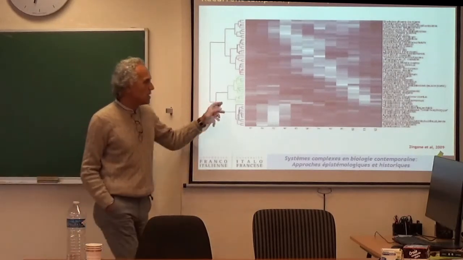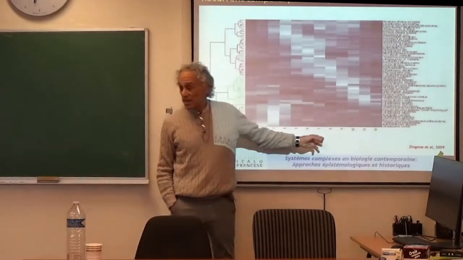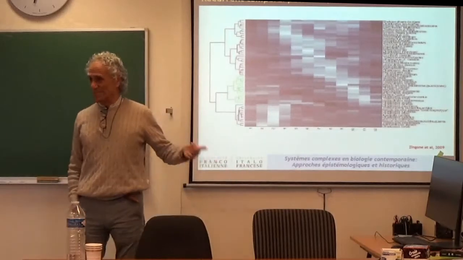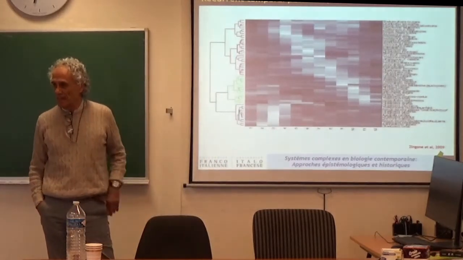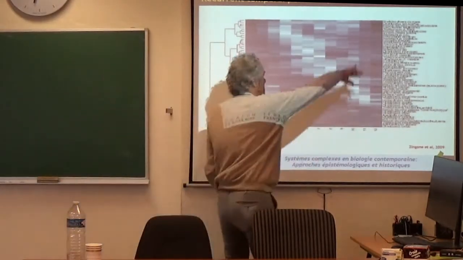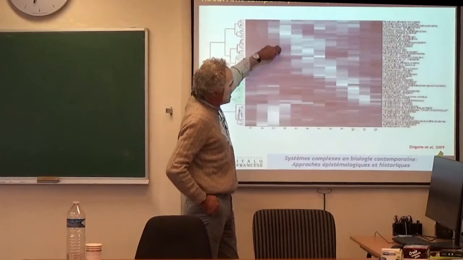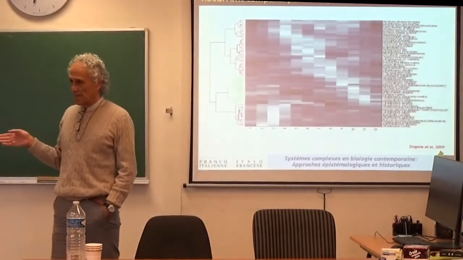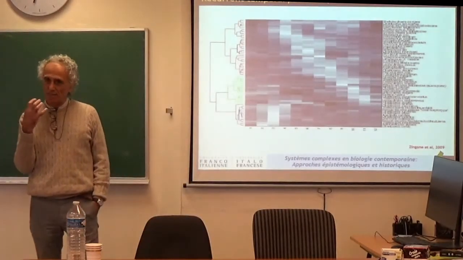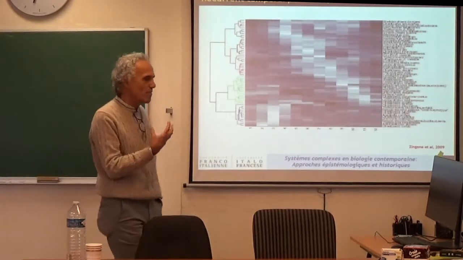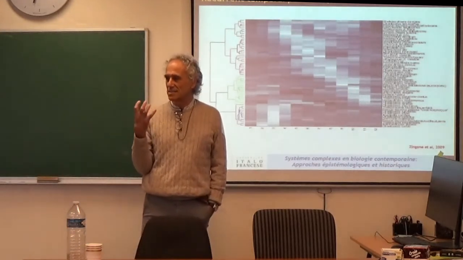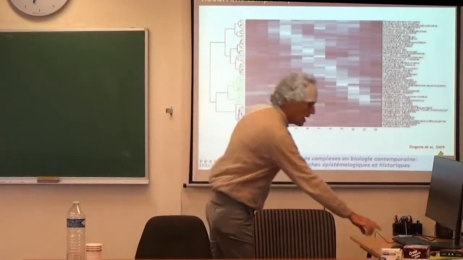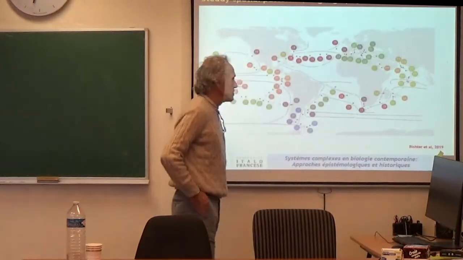This is the result of 20 years of data in one site. This is a time series, and you can see that there is a clear time course in the succession of the species. So the message that comes from here is that you have a quite well-organized system in time, and also in space.